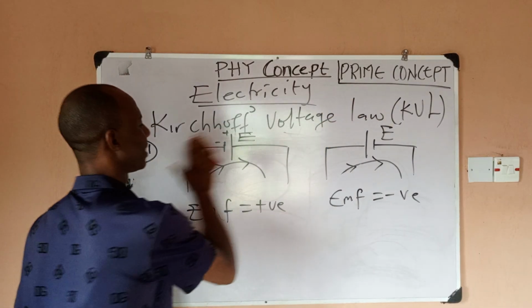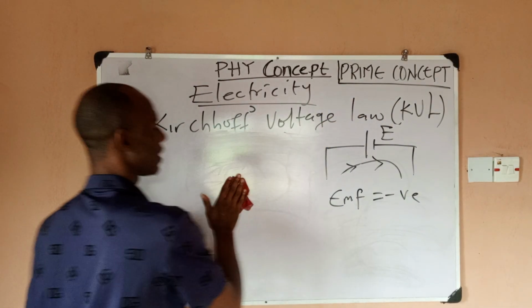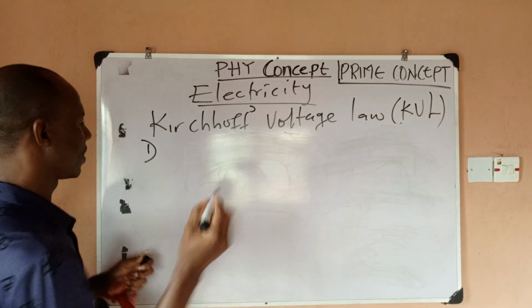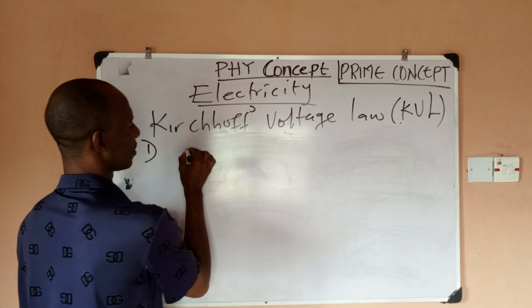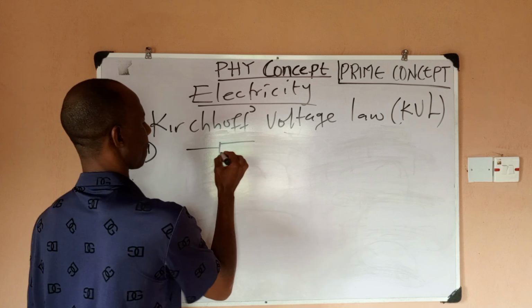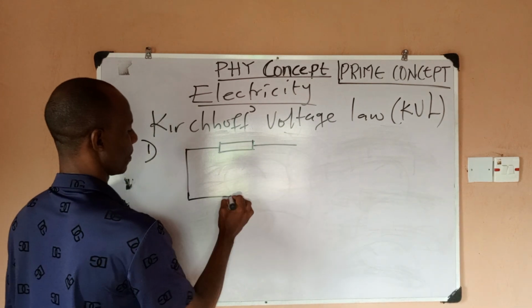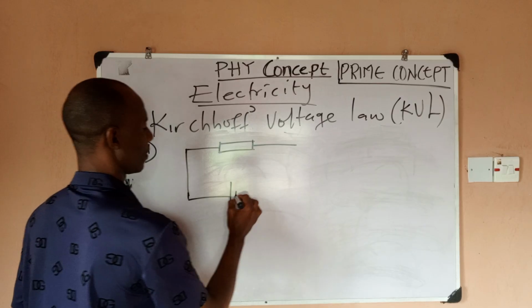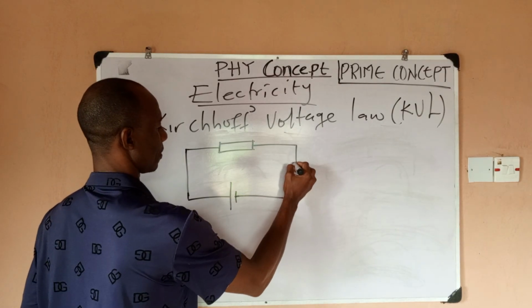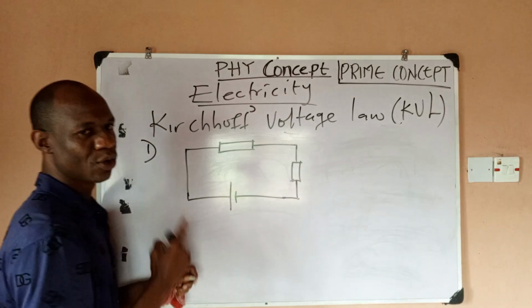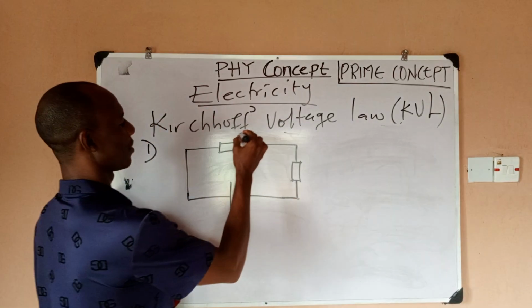Now let's analyze a simple circuit. Say we have a circuit like this, a single loop circuit, so that it will be easier for you to learn.